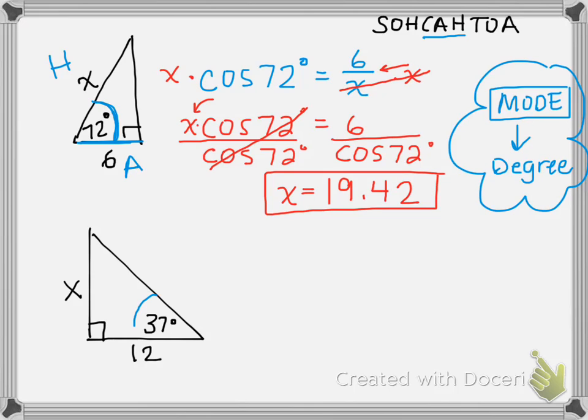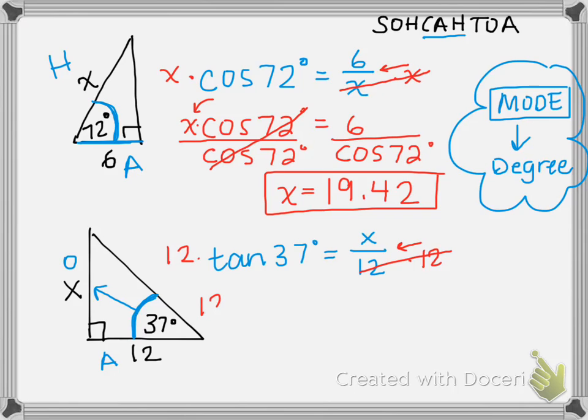Okay? So then on this one, from our angle here, we have our opposite side and our adjacent side. So the only trig function that uses both opposite and adjacent would be tangent. Tangent of 37 degrees is x over 12. Now, we're dividing by 12, so the opposite of dividing by 12 is multiplying by 12.